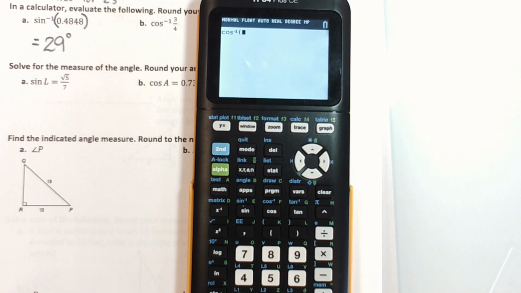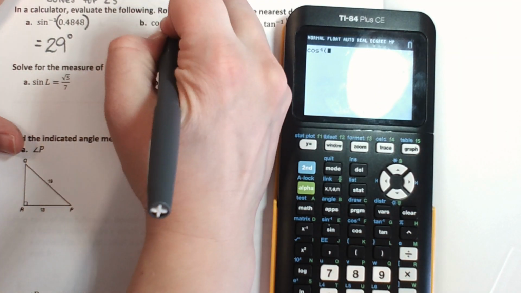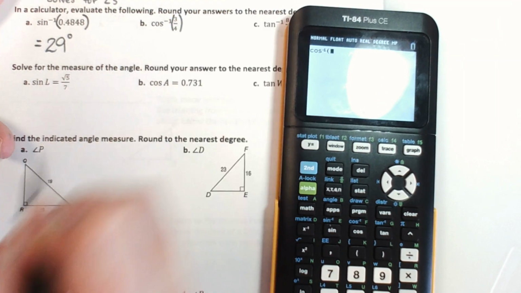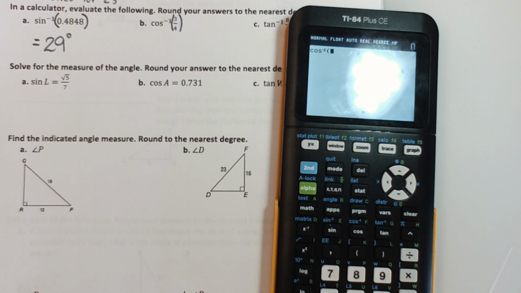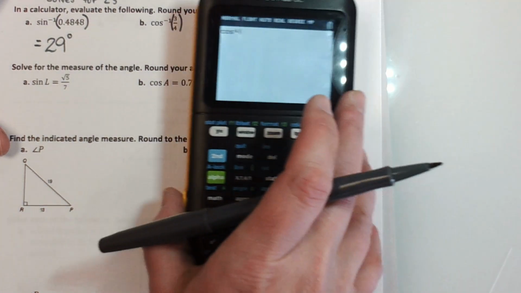Second, cosine button. We need parentheses here. If you do not, this is going to be one of the problems that if you do not put parentheses on it, the calculator is going to give you the wrong answer. In fact, the calculator is going to yell at you and tell you it can't do it. You need the parentheses. Otherwise, all it's doing cosine inverse of is the 3, not the 3/4.